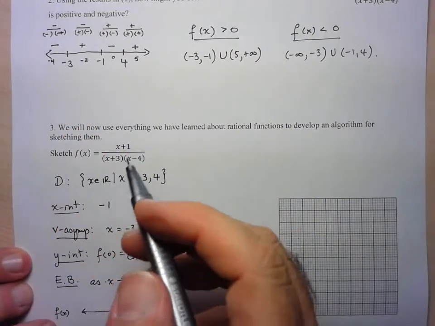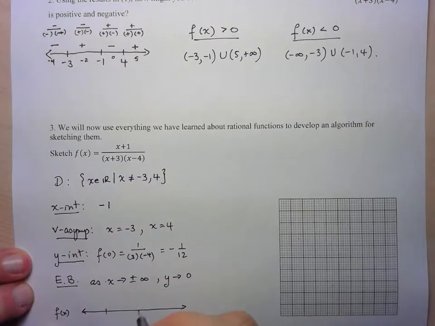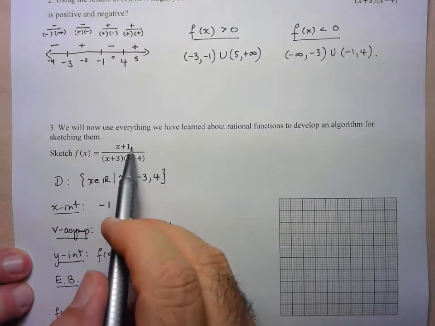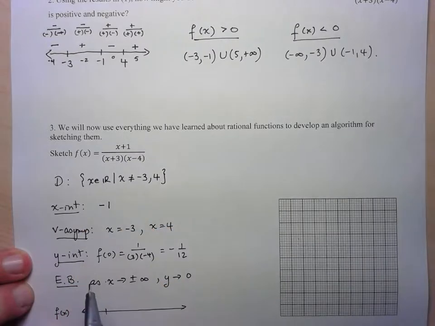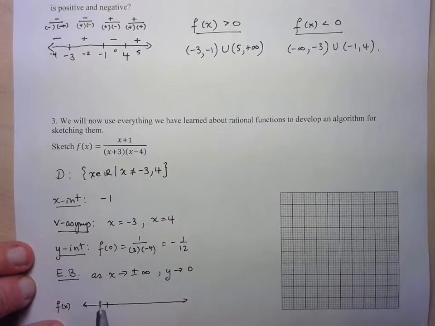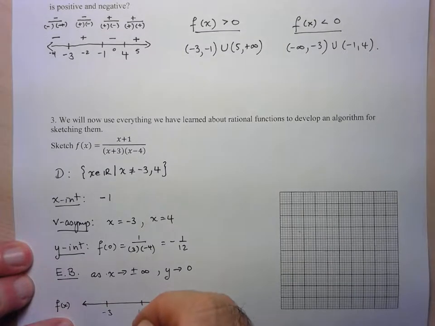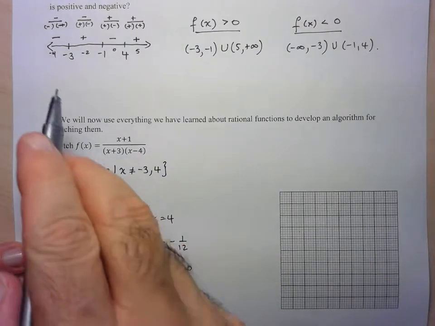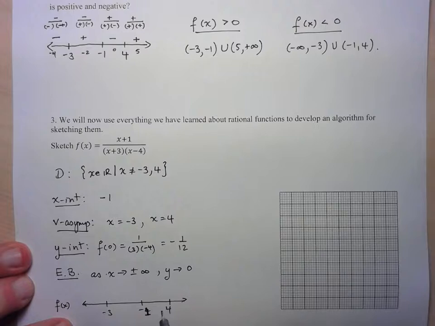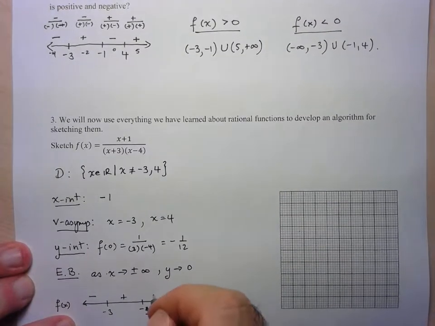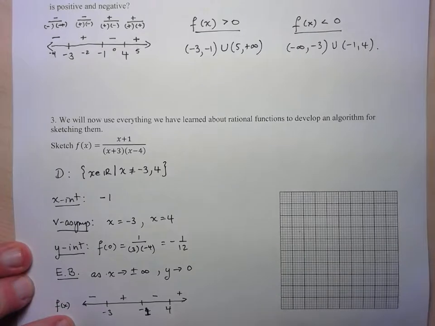For this one here, since we've done the work, I'm not going to redo it, but the idea is that on your number line, you put everything that makes your denominator or numerator equal to 0, because those are where the function can change sign. So we had -3, -1, and 4. And we already determined from our previous question that it was going to be negative in this interval, positive, then negative, and then positive in those intervals there.